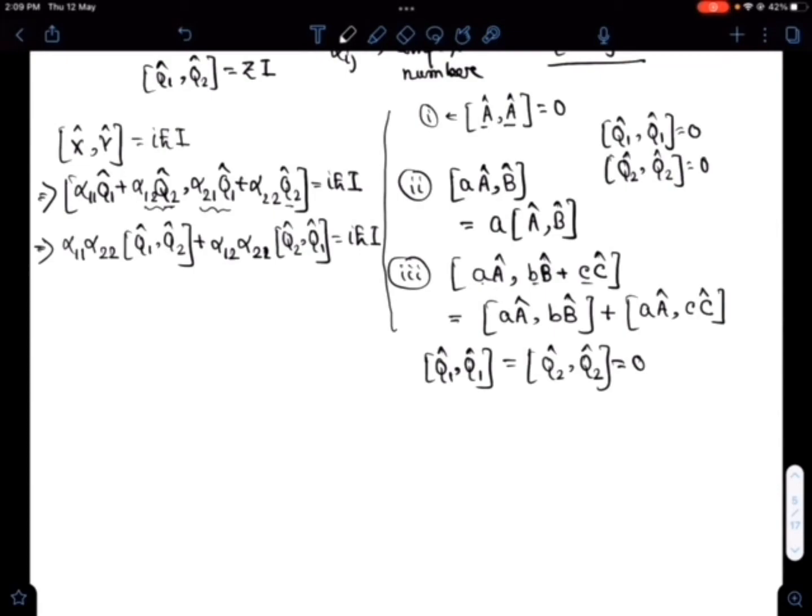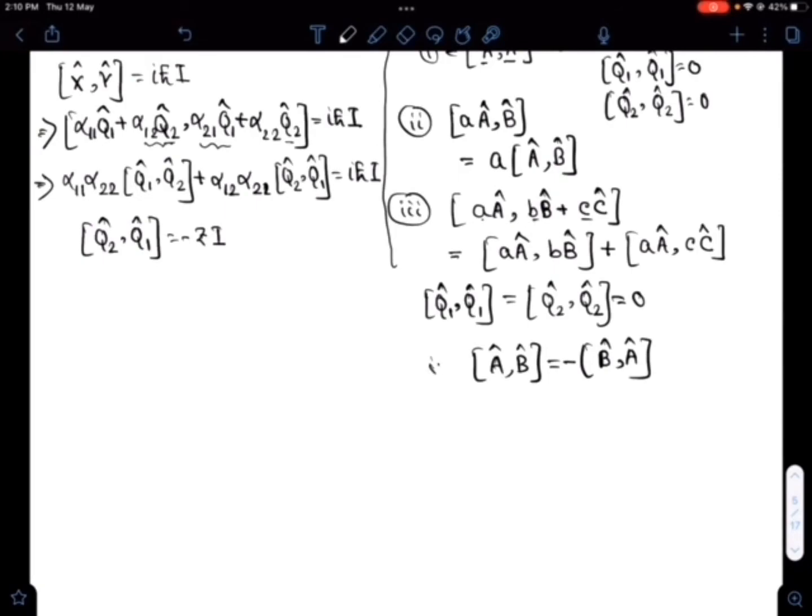Now we know that in the question it is given that q1 q2 is zi. So q2 q1 should be minus zi, because another rule is that AB permutation should be equal to minus of BA.